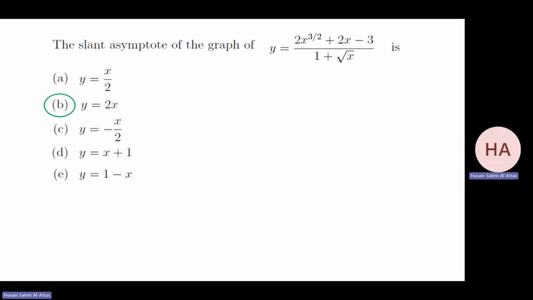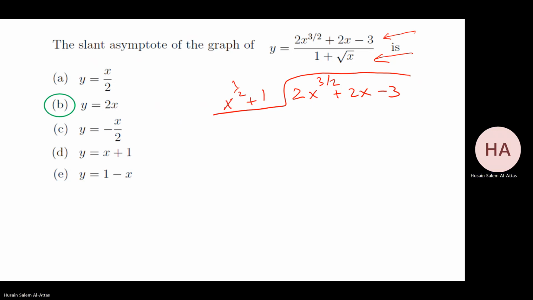We want to find the slant asymptote of this function. If you notice, the degree here is 3 over 2, the degree here is a half, so the difference is 1. So we'll do long division. 2x to the power 3 over 2 plus 2x minus 3, over x to the power half plus 1. Divide this by this to get 2x.